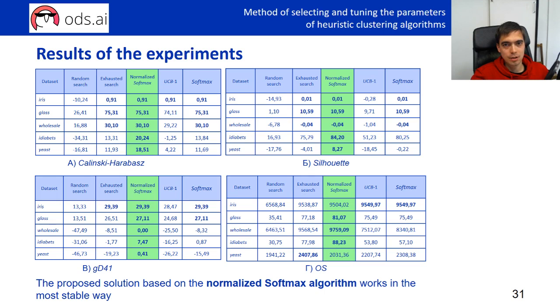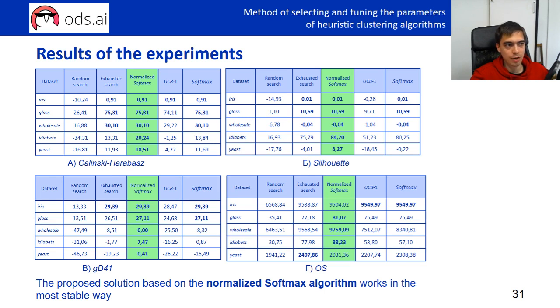So from the results of the experiments, we can conclude that the proposed solution based on the normalized softmax algorithm that we mentioned earlier works stably in most cases. So it's the most stable algorithm.